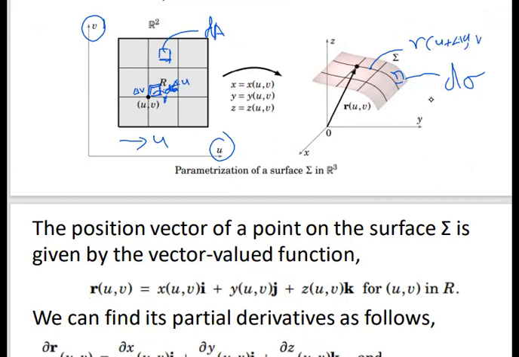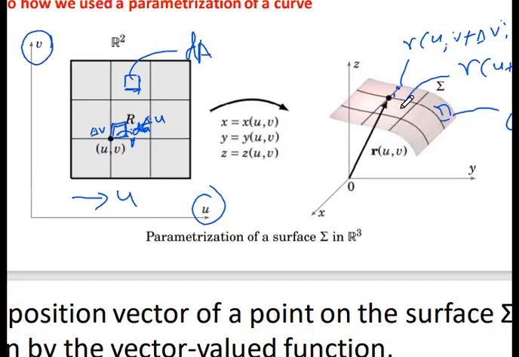And similarly here, r(u, v plus delta v). If you have this point and that point, let me zoom this in. If you have these two points, because these are very tiny rectangles, you can consider this a line segment, very tiny, very small. So you can find this vector.